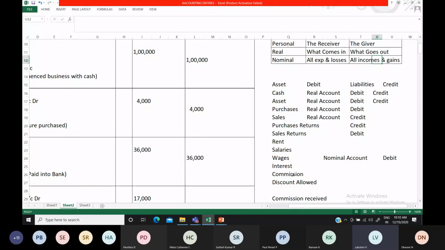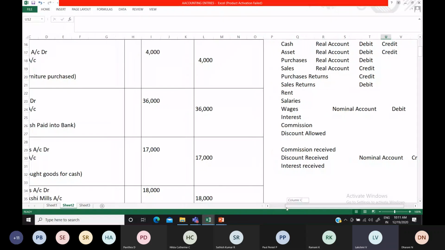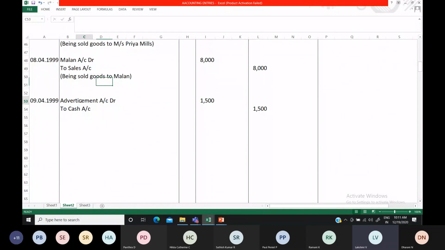Advertisement, postage, stationery, stamps, carriage, freight. Carriage and freight both mean the same. If you are incurring transportation or conveyance expenses, then it will come under the nominal account only, as expenses, and you have to debit only. So for that purpose only we have debited the advertisement account with 1,500.